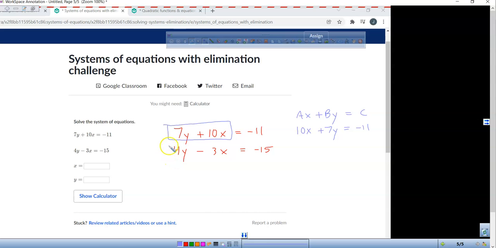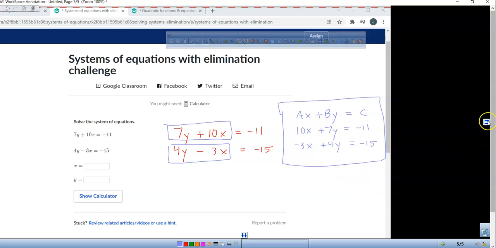And here I'd like you to also flip these. Move the x up front, move the y in the back, and then set that equal to negative 15. So please make sure you have them in the correct order so when you get your answer, you won't misinterpret your answers. Okay, so we're going to do 10, 7.